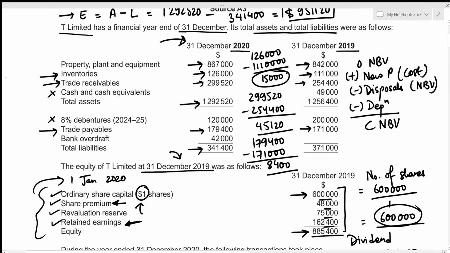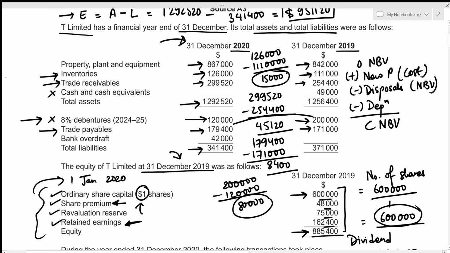Right here, we can see that there is 8% debenture, which is our non-current liability. And this year, it has value of 120,000, whereas previously, it had the value of 200,000. So what we can say is that the difference was paid during the year. Let's figure out the difference. That's 200,000 minus 120,000, which results in 80,000. And this just means that we paid out 80,000 of our debenture in this particular year.